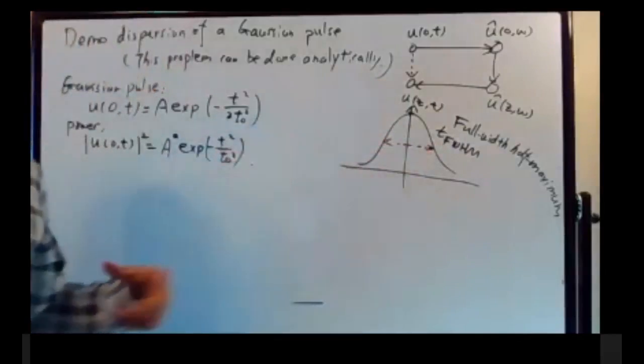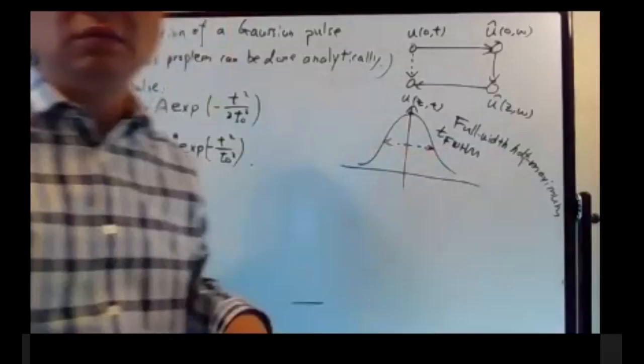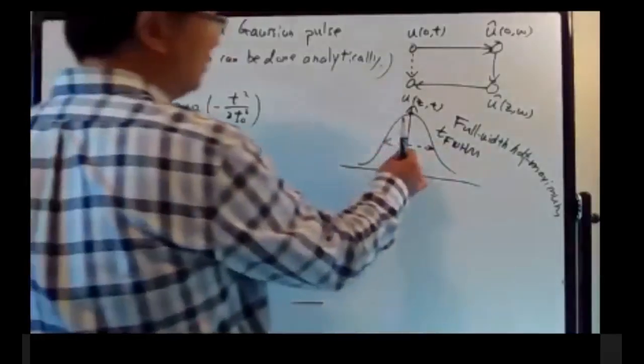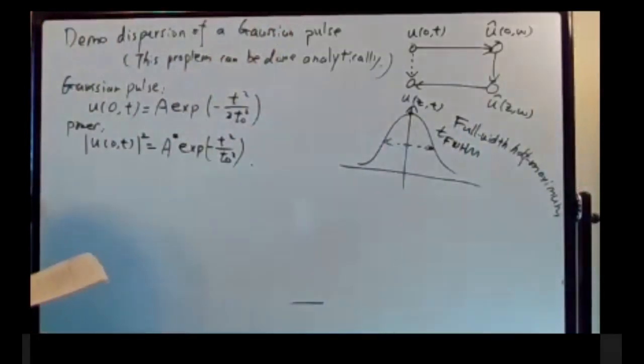This is a way to quantify the width of the pulse, whether the width is relatively fat or relatively slim.